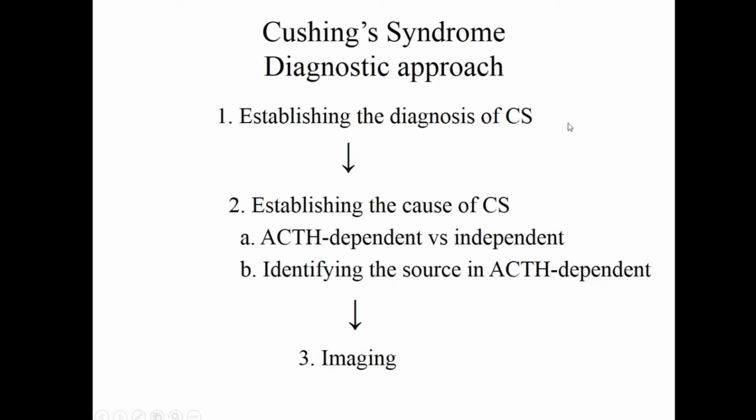You can do a serum cortisol, for example, or a urinary free cortisol. If that is high, then you will have to go for ACTH estimation. If ACTH is high, then that is ACTH dependent. If ACTH is normal or low, then it is ACTH independent.